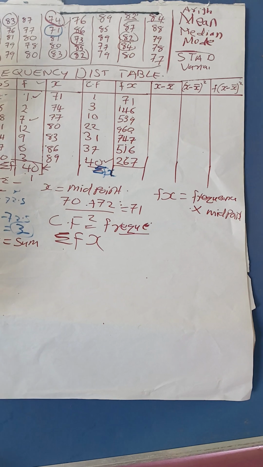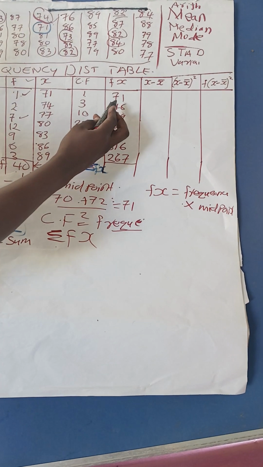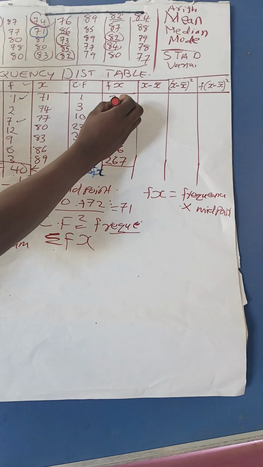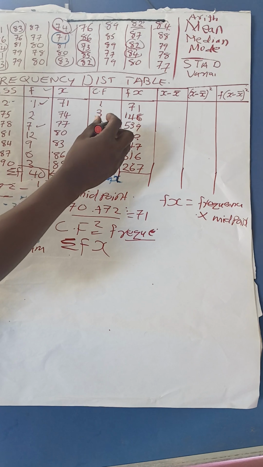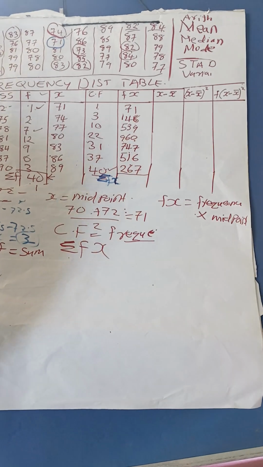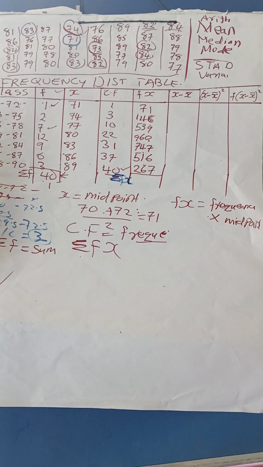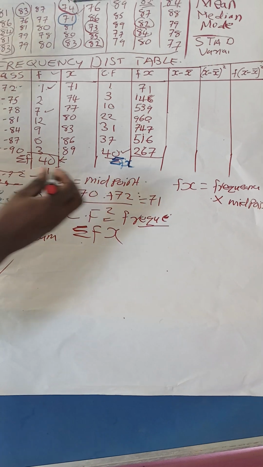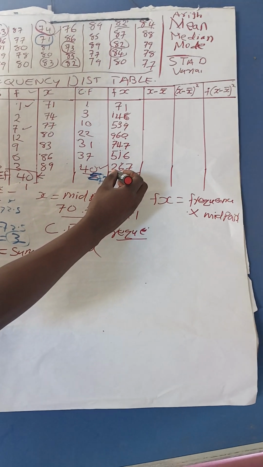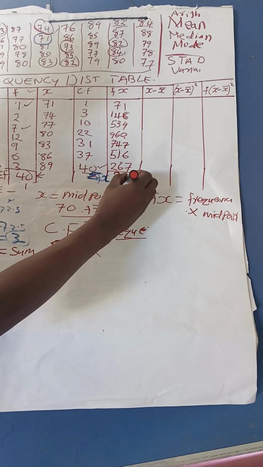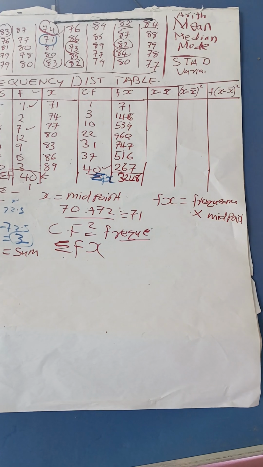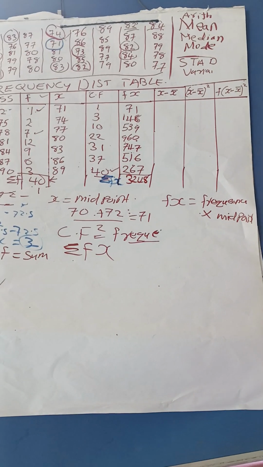You add 71 plus 148 plus 539, and so on as you go down. As you add, you'll get 3248.